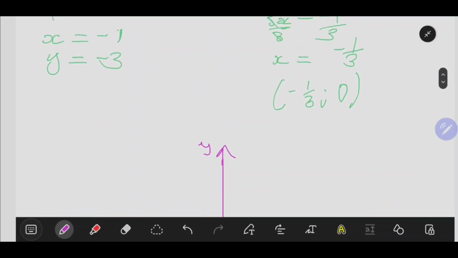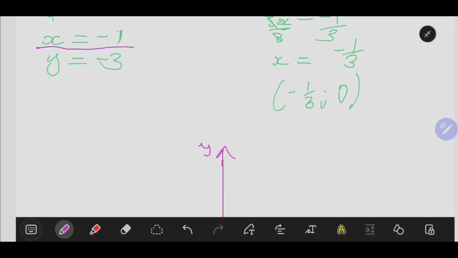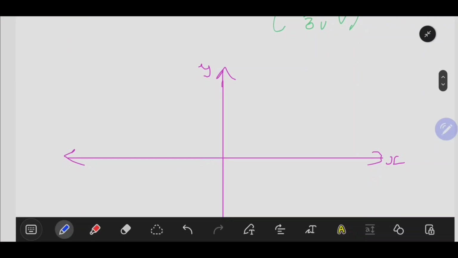Our x asymptote is -1, so it means we will have a dotted line at x equals -1. At x equals -1, it can be a point around here.